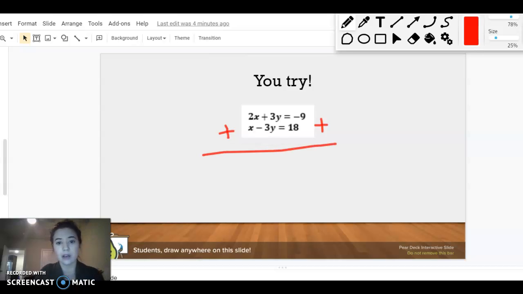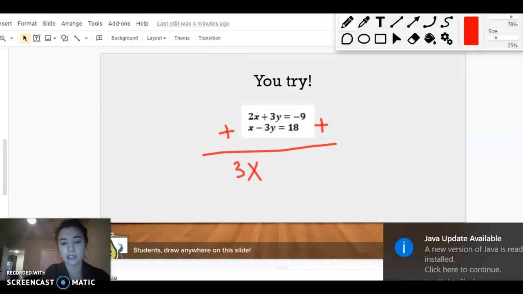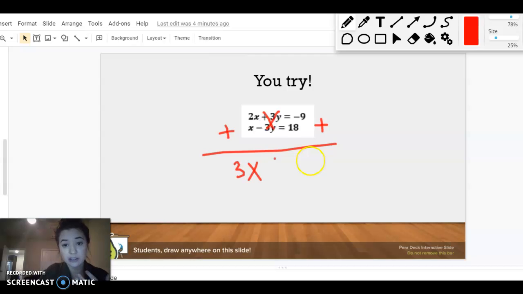Same thing, we're going to add these together. 2x plus x gives us 3x. Plus 3y minus 3y, again I have equal but opposite, so they eliminate. And then negative 9 plus 18 gives us positive 9. So this is the beginning of our elimination method.